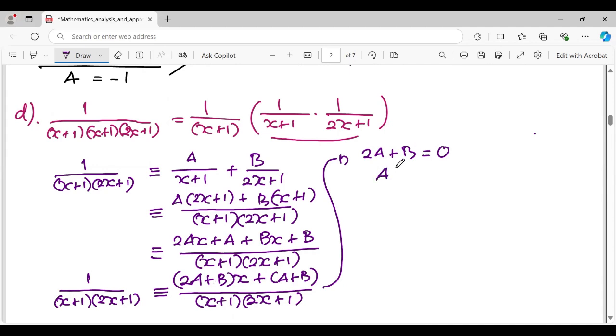And A plus B equals 1. So it means A equals minus 1.